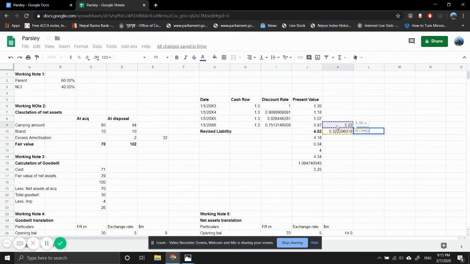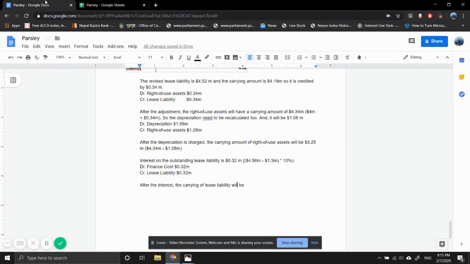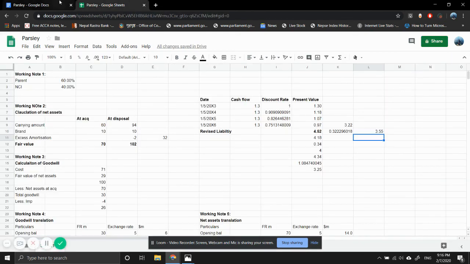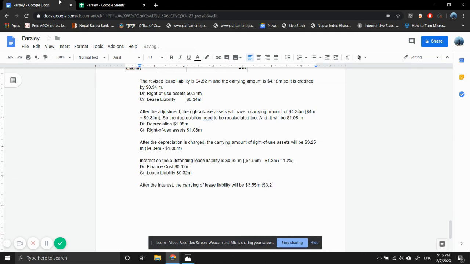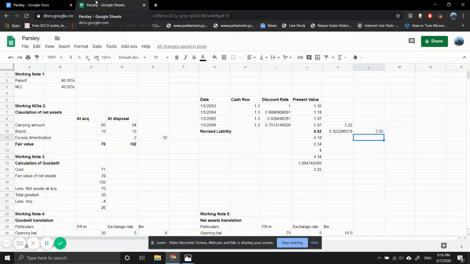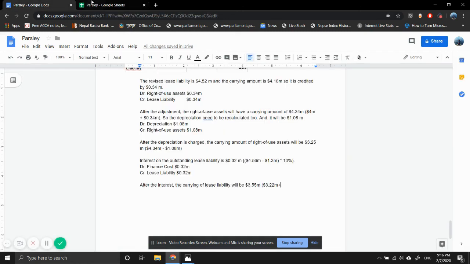This is this plus this, right? $3.55 million, which is basically 3.22 million. $3.22 million plus this was our carrying amount, and then it has increased by 0.32 million, right?